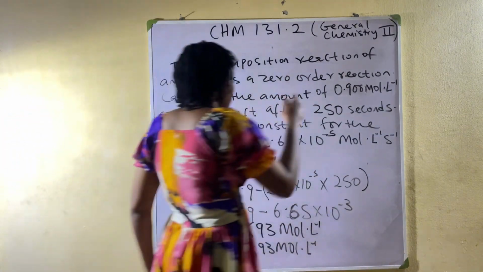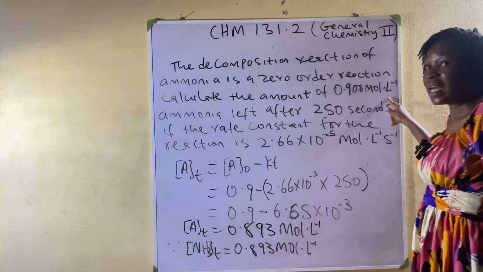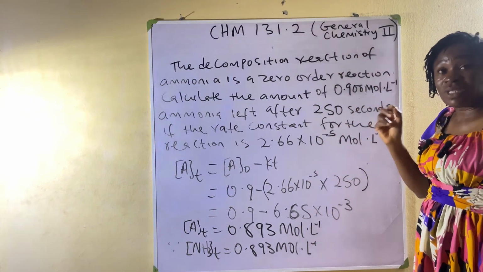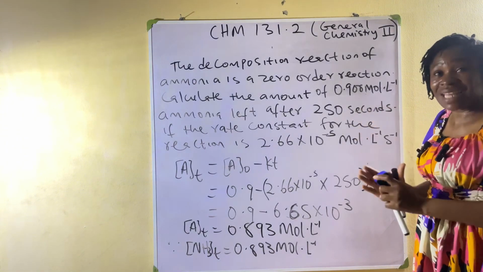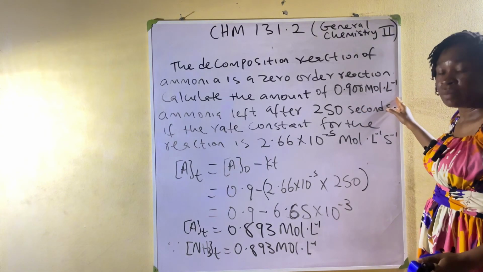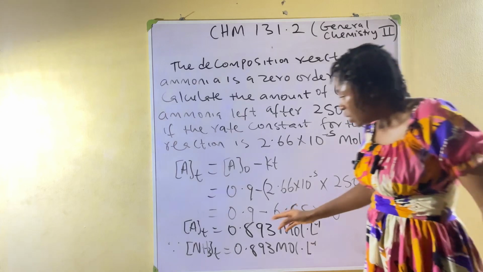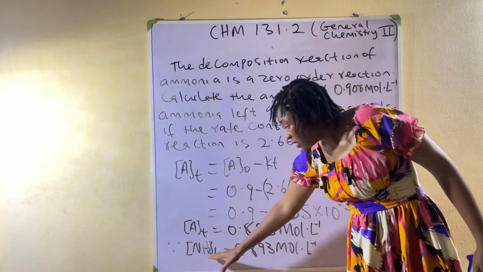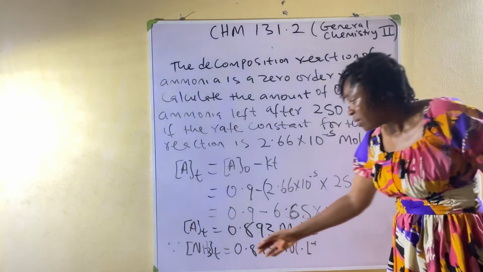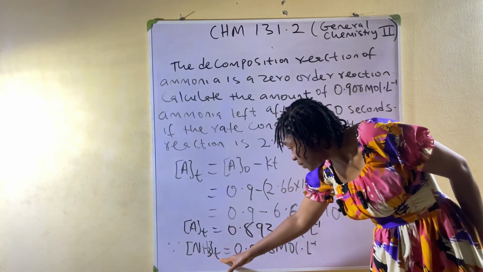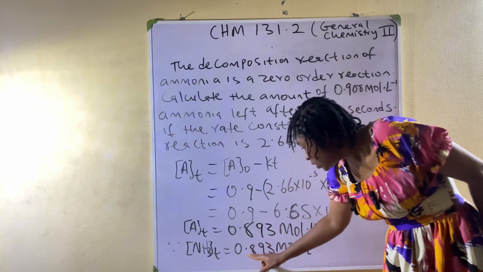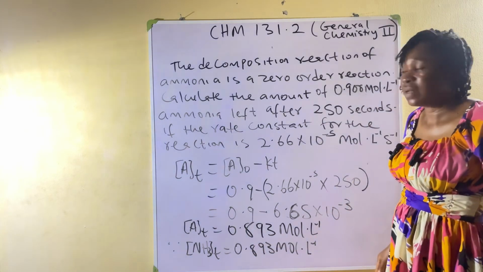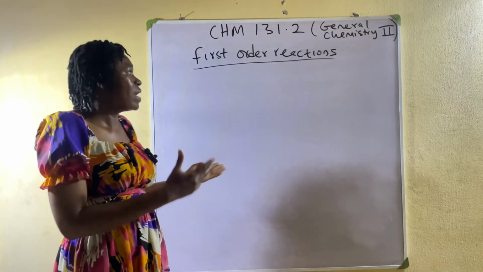You are given the initial concentration in mole per liter, so the unit of the final concentration, or concentration at time, must also be mole per liter. That unit is very, very important. I used A to represent this, but we are actually talking about ammonia. So the concentration of ammonia at time is equal to the same value, 0.893 mole per liter.